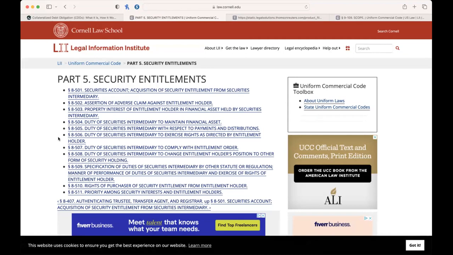If there's a part of the UCC that you want to study, it would be right here. It would be from 8-501 to 8-511. I know you'll have questions, and a lot of people like to ask, which shouldn't be anything wrong with it. But sometimes I get frustrated because people don't look, or if they do look, you'll still have questions.